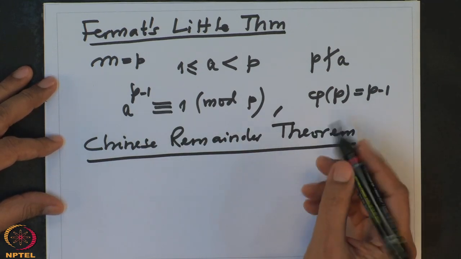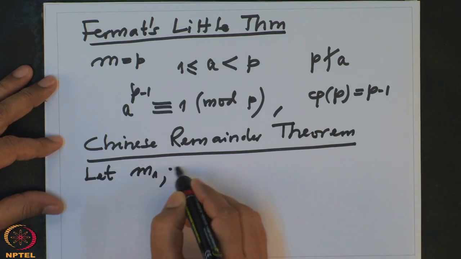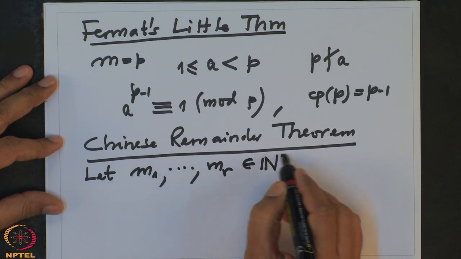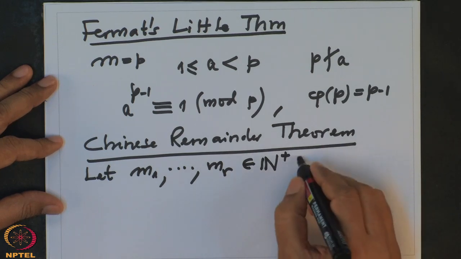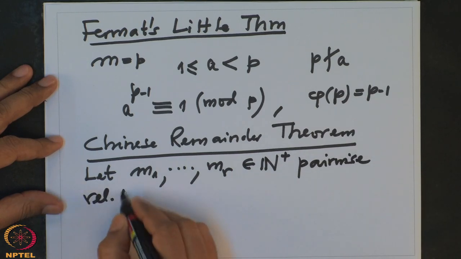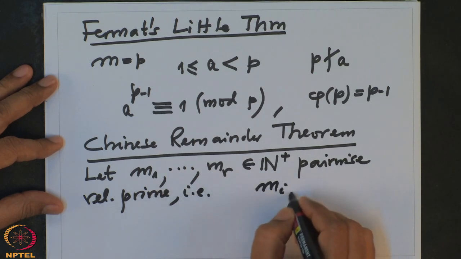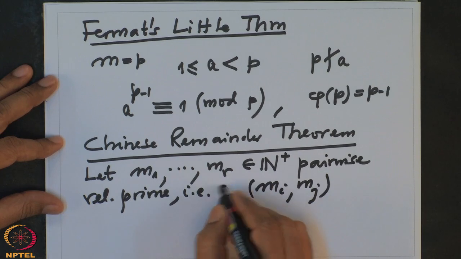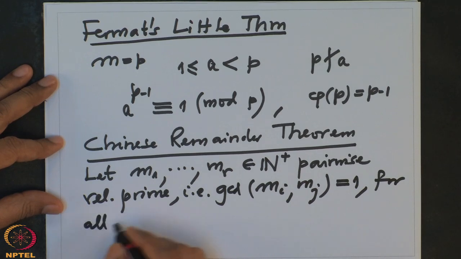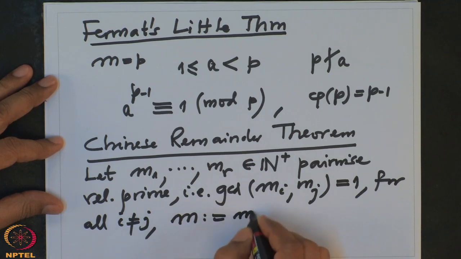So let M1 to Mr be positive integers which are pairwise relatively prime. That simply means if I take any pair Mi and Mj, they don't have any common factor, that is, the GCD is 1 for all i not equal to j, and let us take M to be the product M1 to Mr.